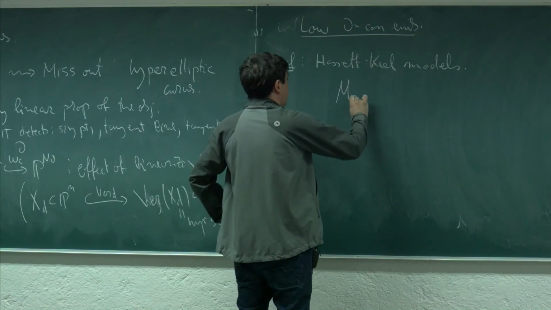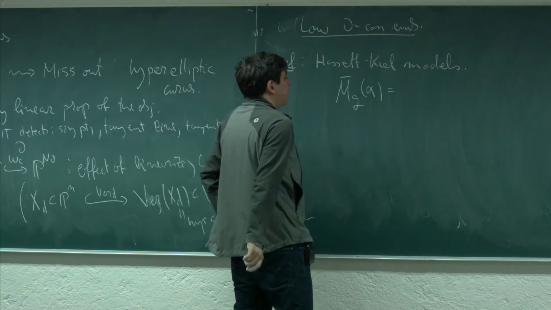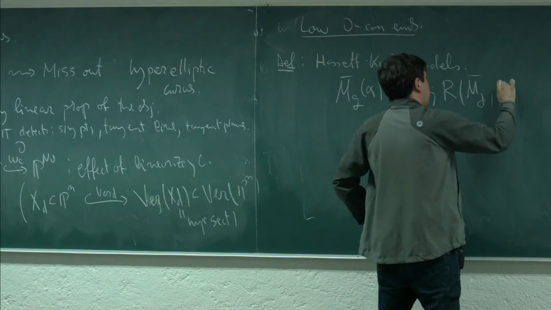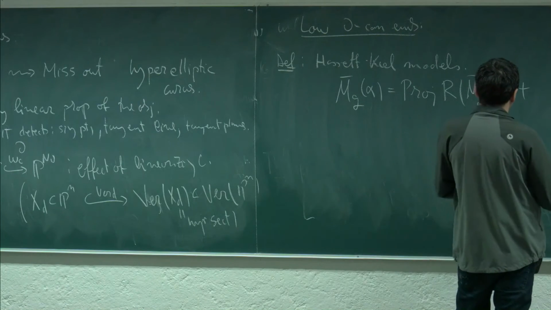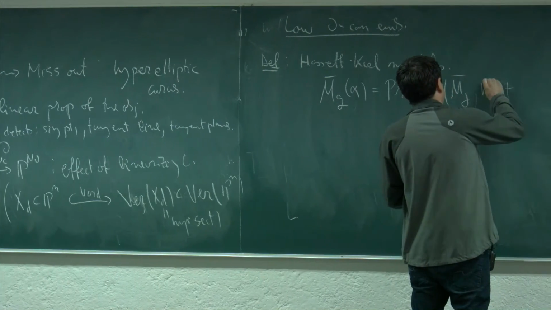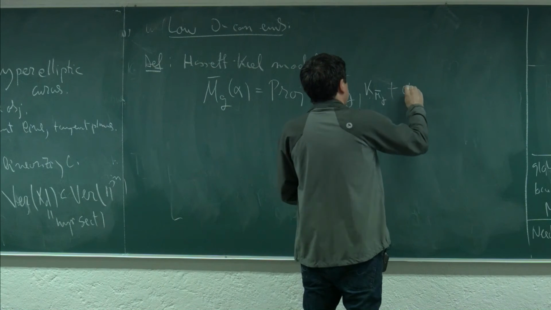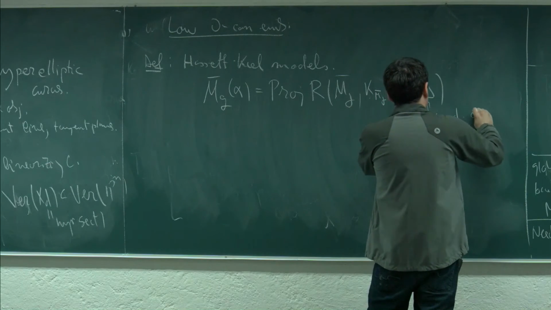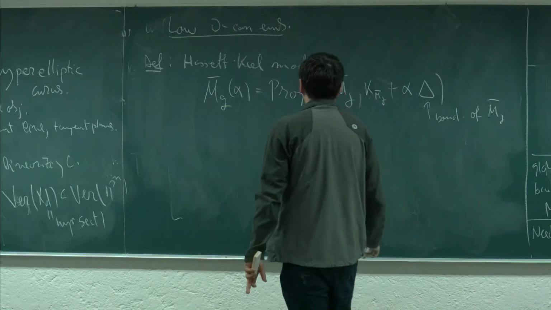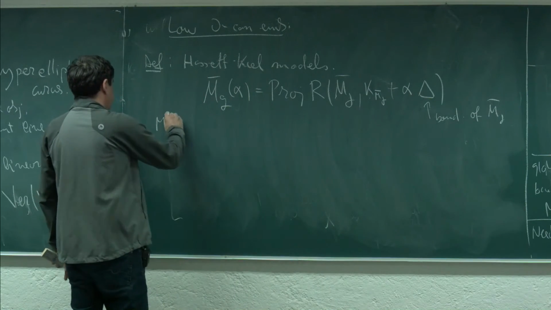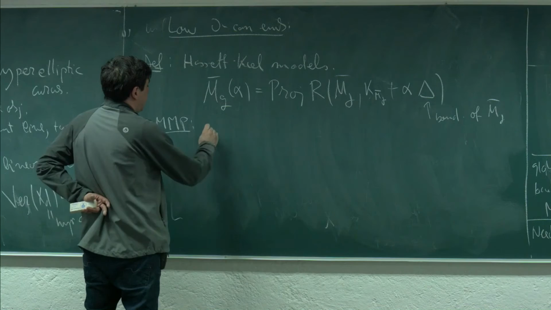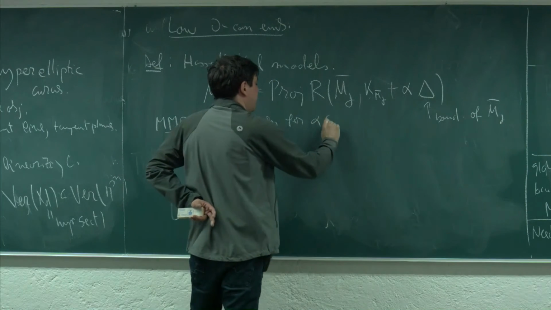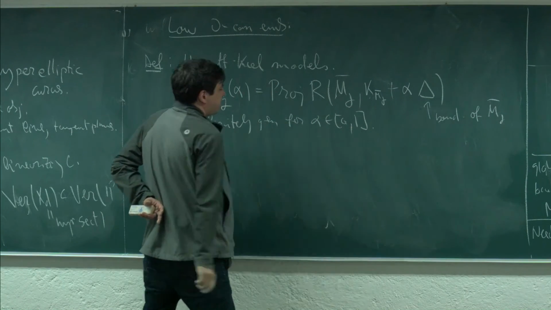I will denote them by M_g bar of alpha, and they are defined by Proj of the ring of sections on M_g bar of lambda, canonical K_{M_g bar} plus alpha delta, where delta is the boundary of M_g bar. K is the canonical class. MMP tells us that this is finitely generated for alpha in between 0 and 1.